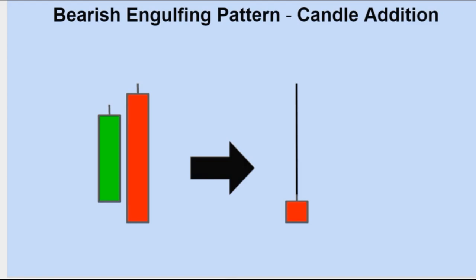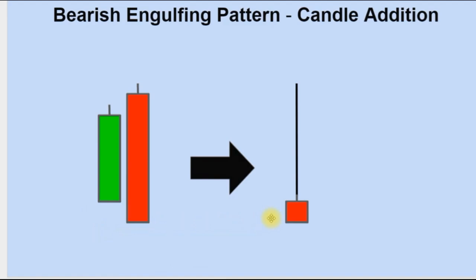The bearish engulfing pattern is made up of one area of price action, being the green candle that opens here, goes to its high, and then closes here, followed by price action in the second candle gapping up above the first candle and opening here, goes to its highest price, then closes on its lowest price. All of this price movement is represented in this one candle here on the right.